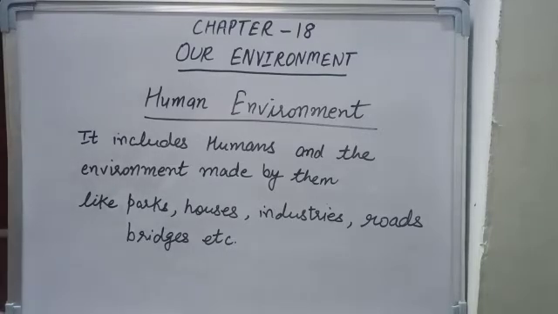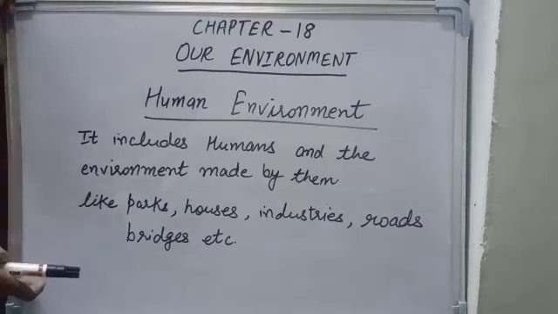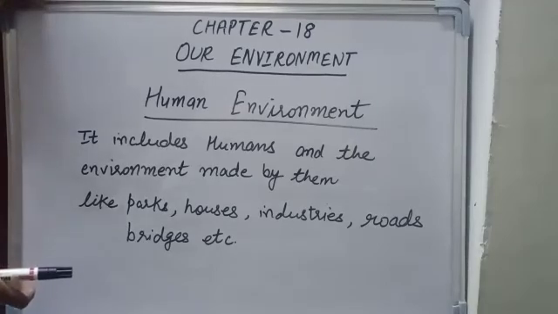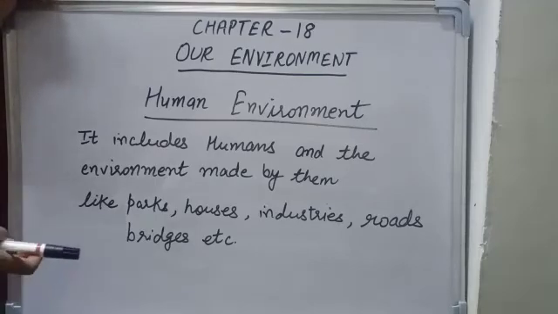A large number of plant and animal species have become extinct due to human activities, as humans have destroyed their natural habitat. We are clearing forests for making industries and houses, which are the natural habitat of plants and animals. So the plants and animals are losing their natural habitat, the place where they have to live. That's why they are going extinct.